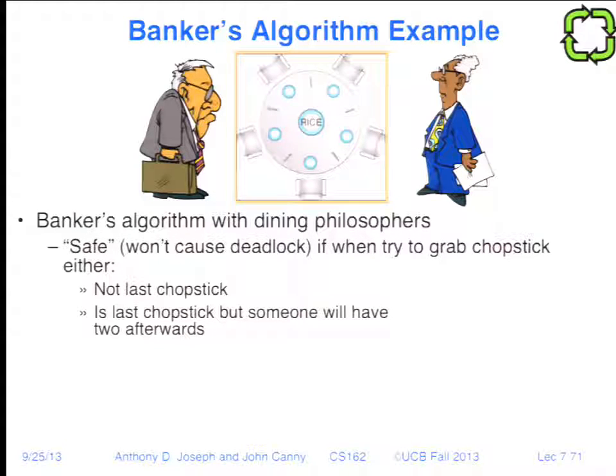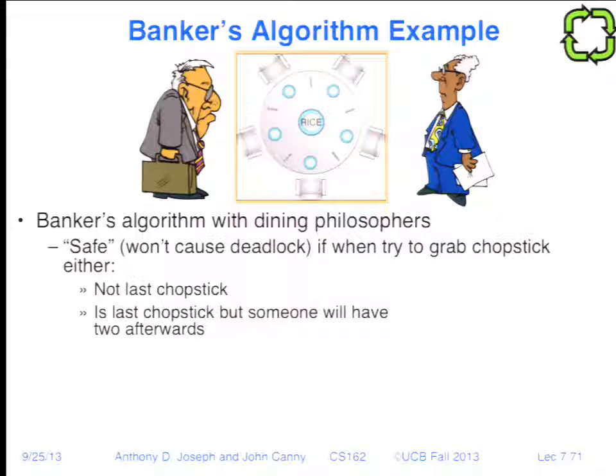In the philosopher's case, the probability of everybody grabbing just one chopstick at the same time is very low. If you do a naive simulation of this kind of situation, it actually won't deadlock very often, even with fairly consistent execution of all of the threads. So as the cycles become bigger, the probability of actually deadlocking becomes quite small. So most likely in the simulation, you'll fairly quickly exit from the routine.